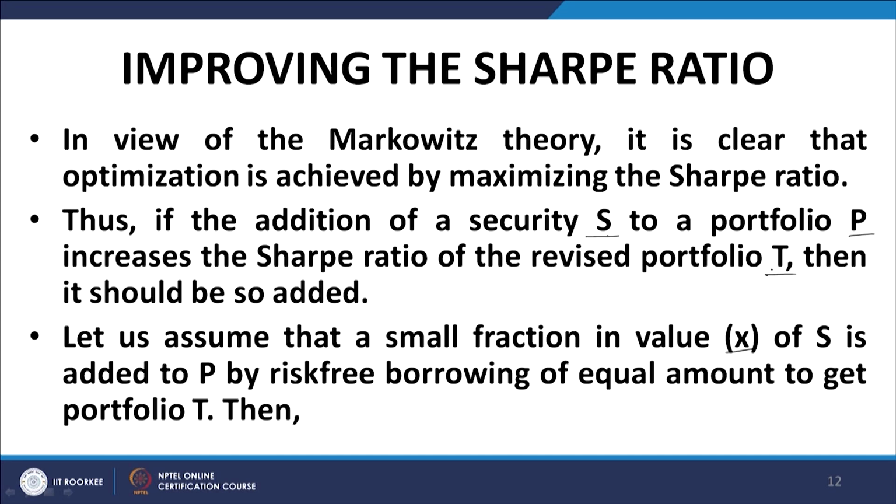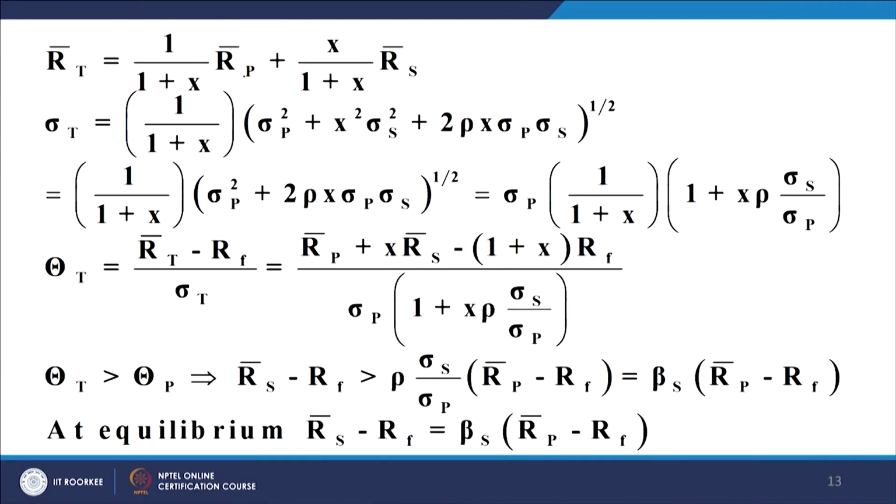In other words, what is the condition that the Sharpe ratio of T would be better than the Sharpe ratio of P. So, the expected return of T would be the weighted average of the return of my existing portfolio plus the return of the added security, that is 1 plus x, where 1 is the weight of my existing portfolio and x is the small addition of S that I have made to one unit of P to get T.